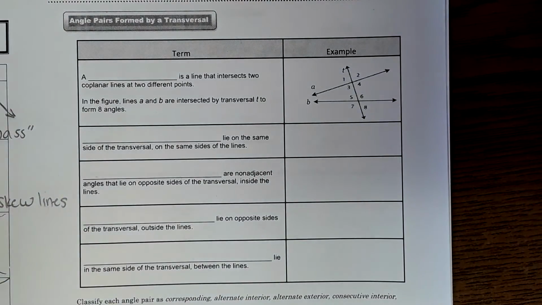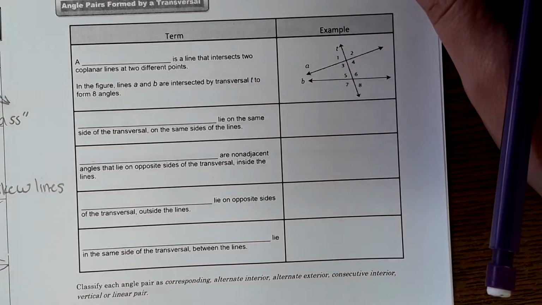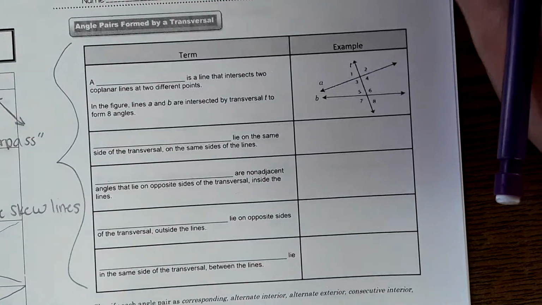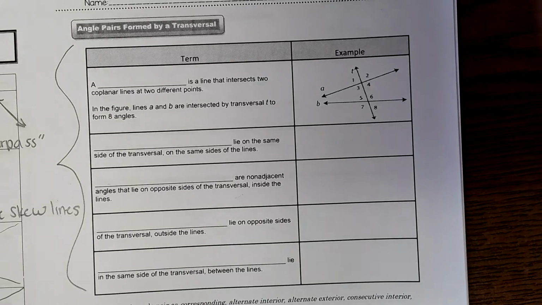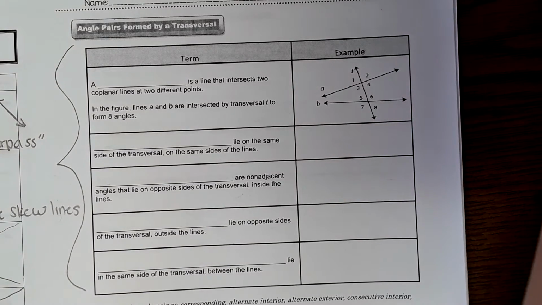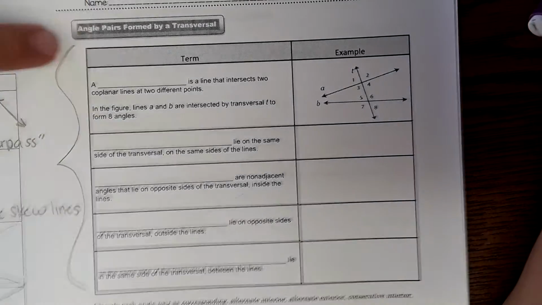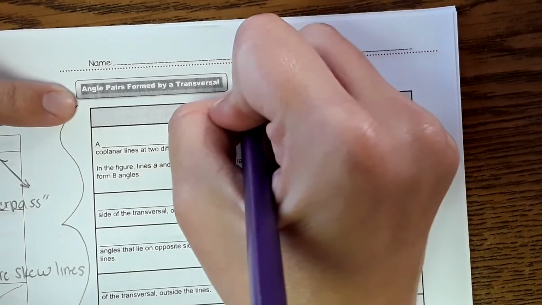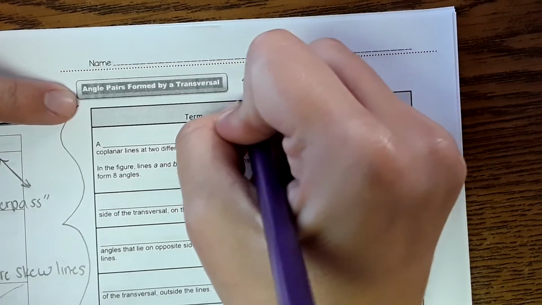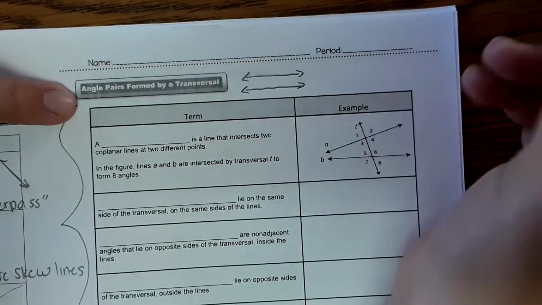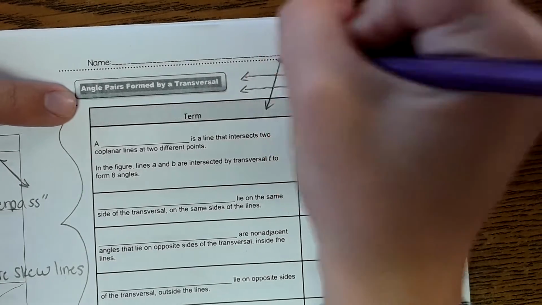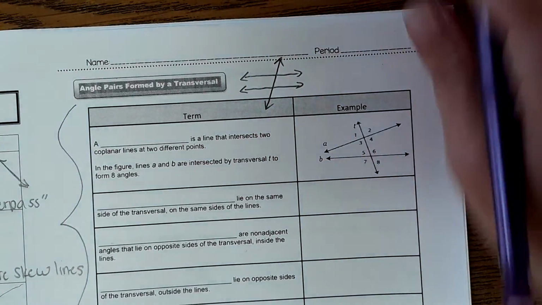Okay, over here, this is the most important part of the chapter, actually, is these terms right here. These terms you'll see over and over in geometry, and it's an important section of geometry. We are looking at angle pairs formed by a transversal. So often in geometry, you'll see parallel lines, and then you'll see what's called a transversal that intersects those two parallel lines.